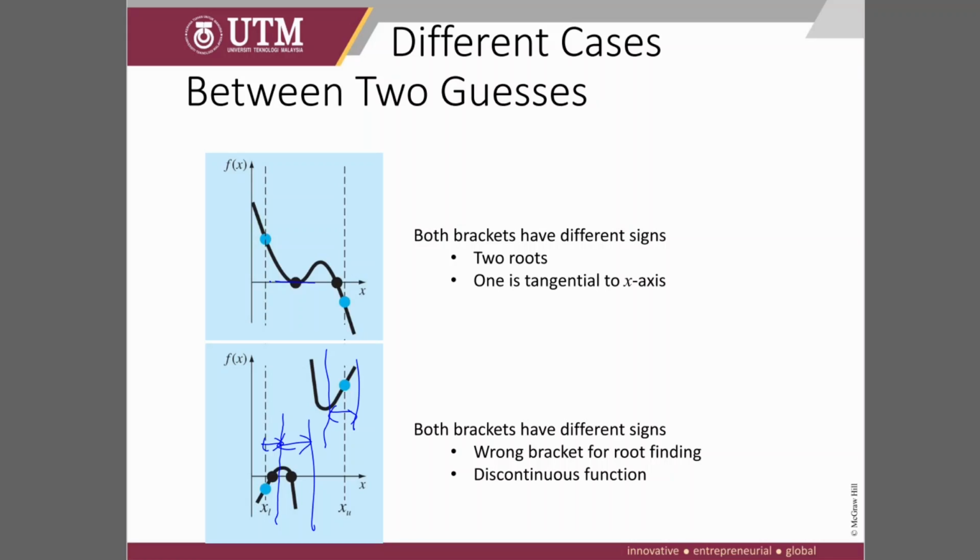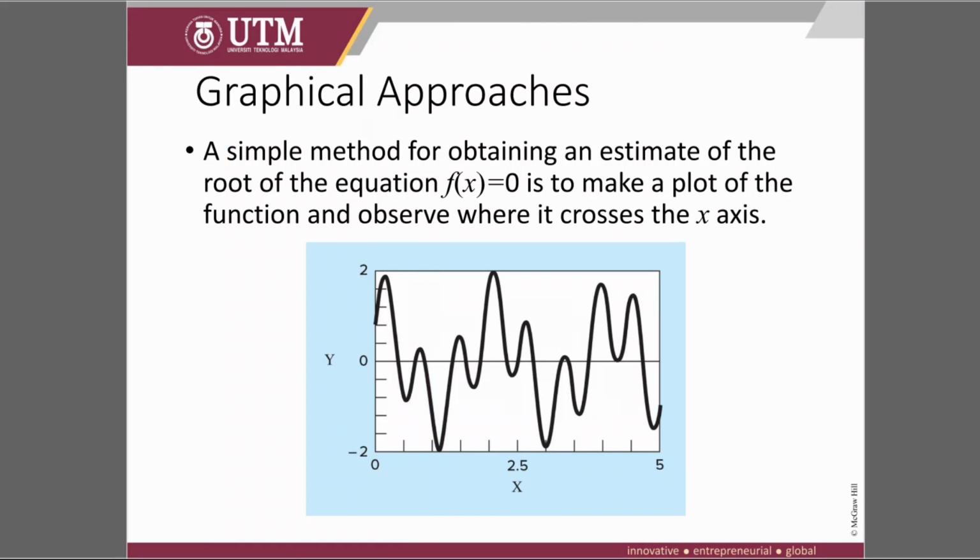So how do we know the bracket? The best thing is to use a graphical method to estimate. A simple method for obtaining an estimate of the root is to draw a plot. Nowadays drawing a plot is easy. Just plug in the numbers in your Excel or MATLAB, then you can see.